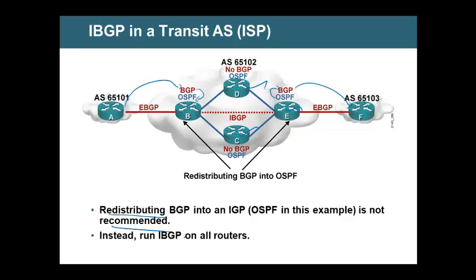Why is this not a recommended solution? It is because when you redistribute from BGP to OSPF, what is BGP bringing? External network, isn't it?